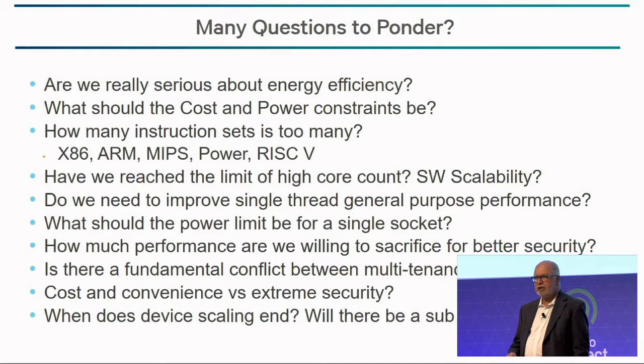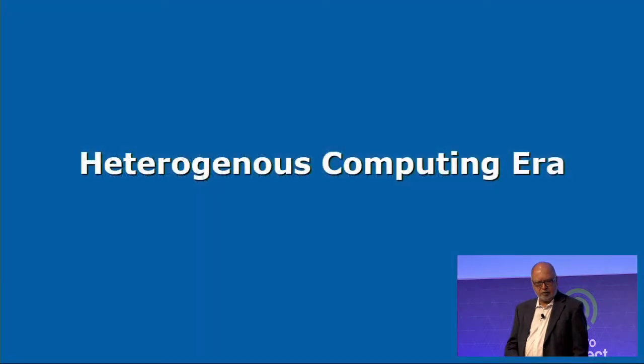Will 3 nanometers happen? I don't know. Will there be a sub-nanometer? Will we have transistors below 1 nanometer? I don't know the answer to these questions. So these are things to think about. So now let's move on to the heterogeneous computing era.